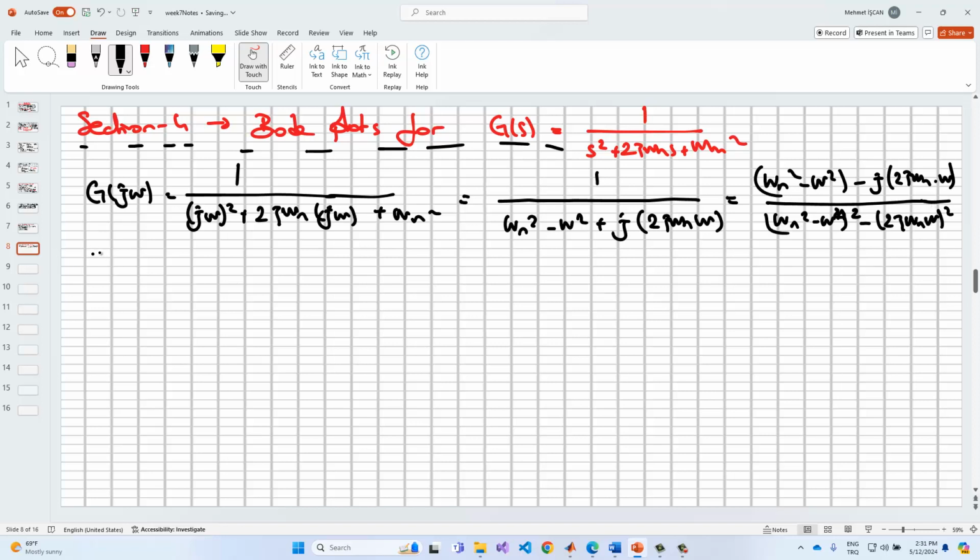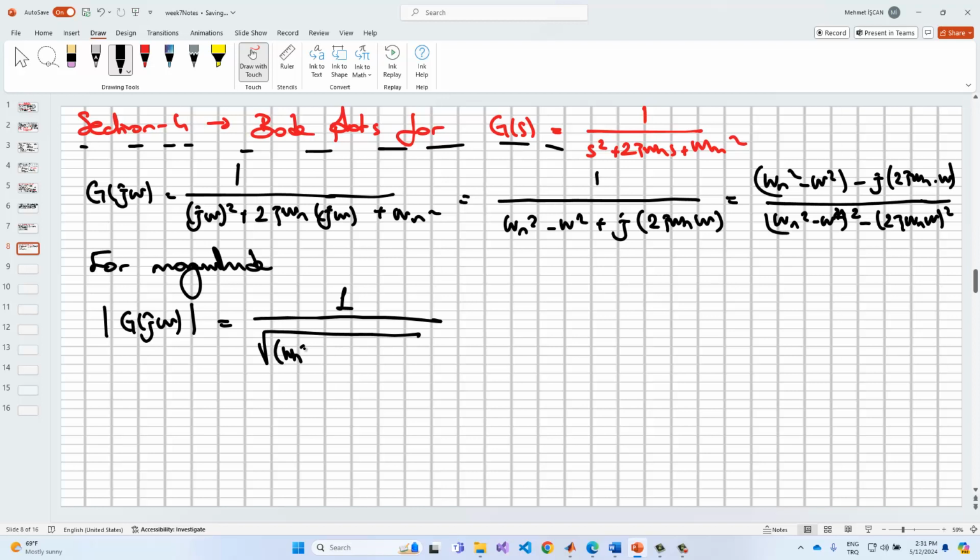And so for the magnitude, we have |G(jω)| equals 1 divided by the square root of (ωn² minus ω²)² plus (2ζωn ω)².